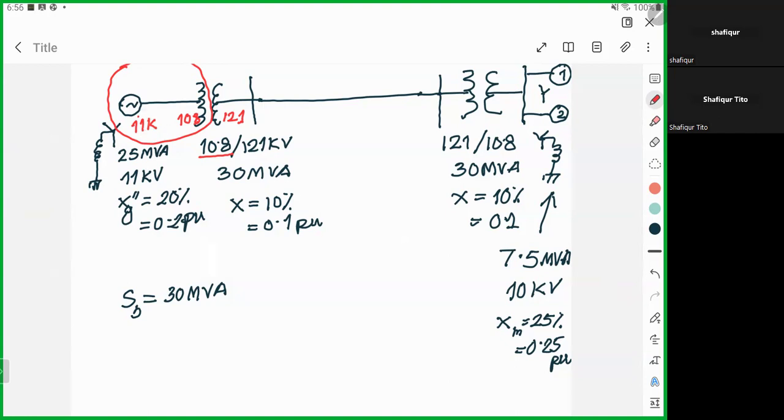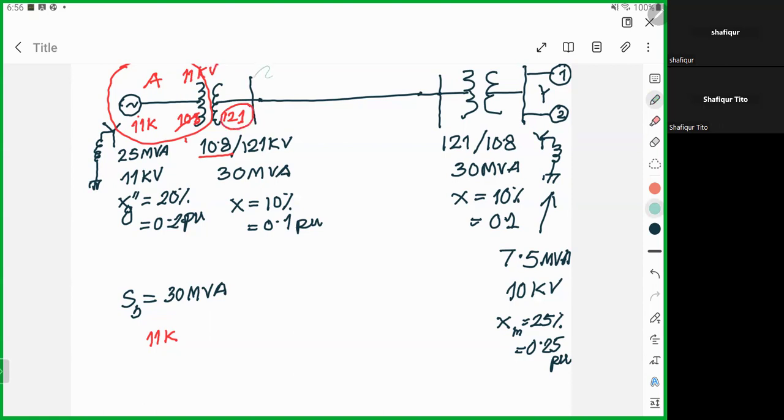As the generator voltage is 11 kV, that will drive this transformer. So for this section, let's say section A, we will take the base voltage of 11 kV. And whenever we consider this as 11 kV, that will override the other value, so this one will no longer be 121.